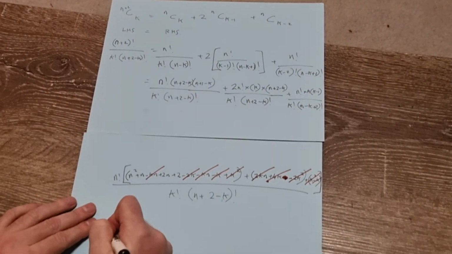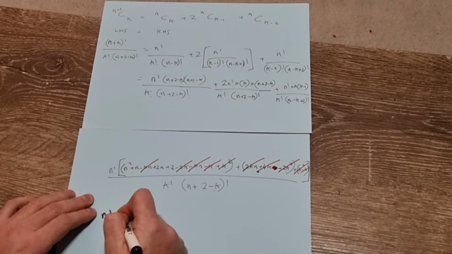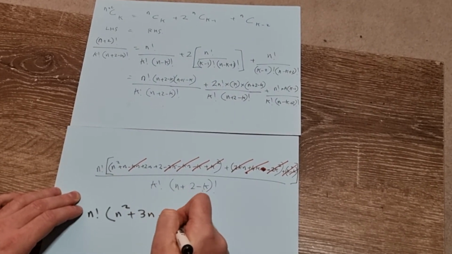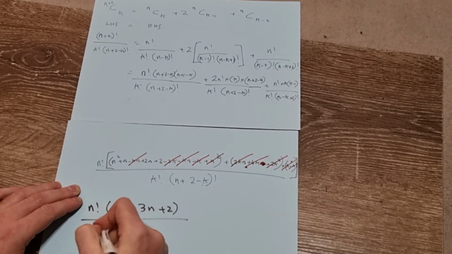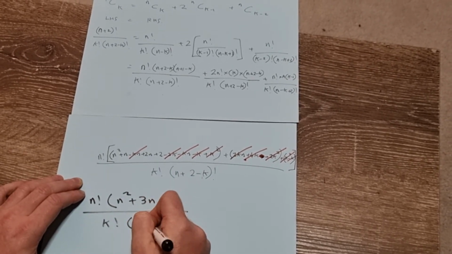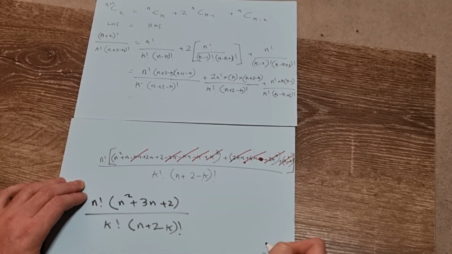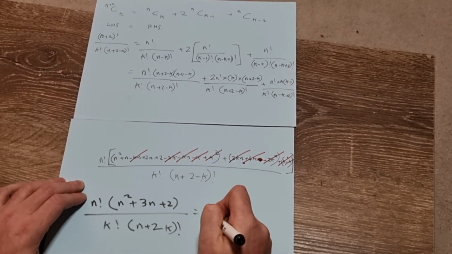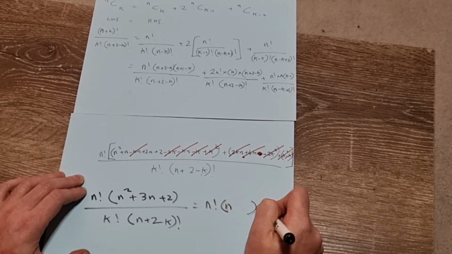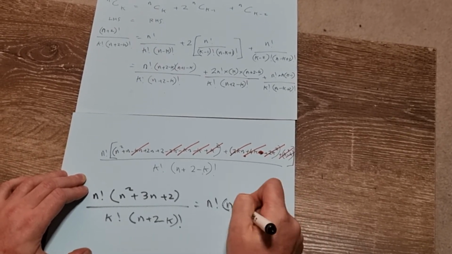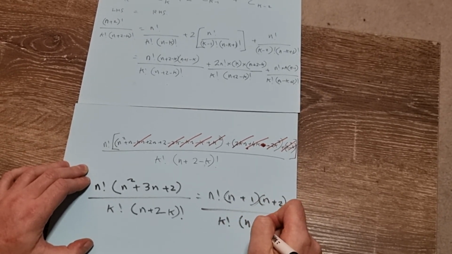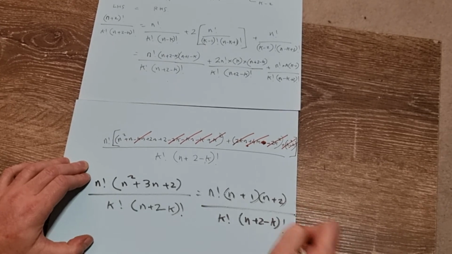So we are left with, do this in n factorial over n squared plus 3n plus 2 all over k factorial (n plus 2 minus k) factorial. We can factorize this to get (n plus 1)(n plus 2), they're both positive, over k factorial (n plus 2 minus k) factorial.